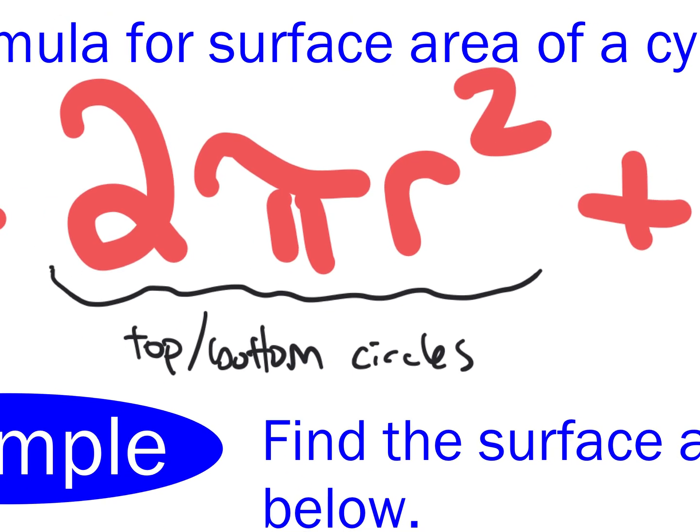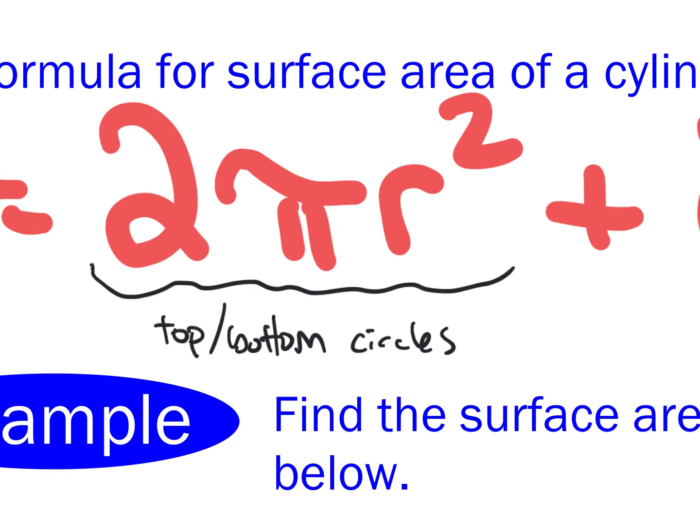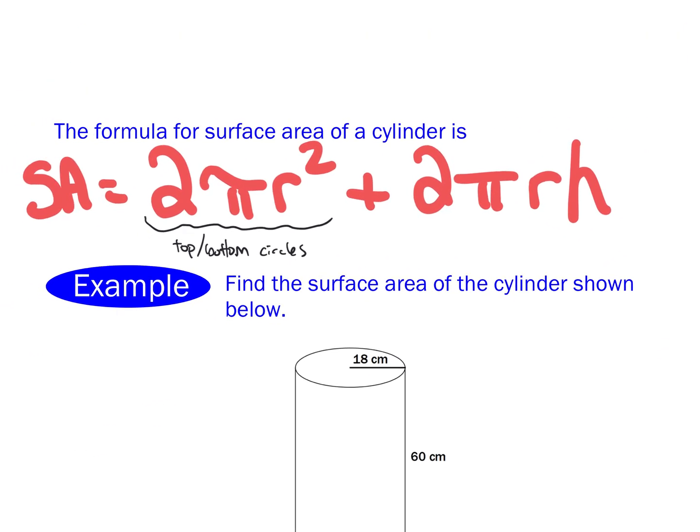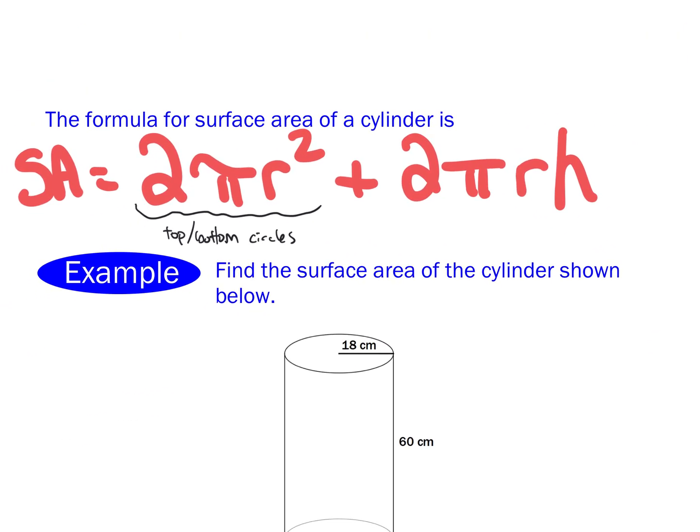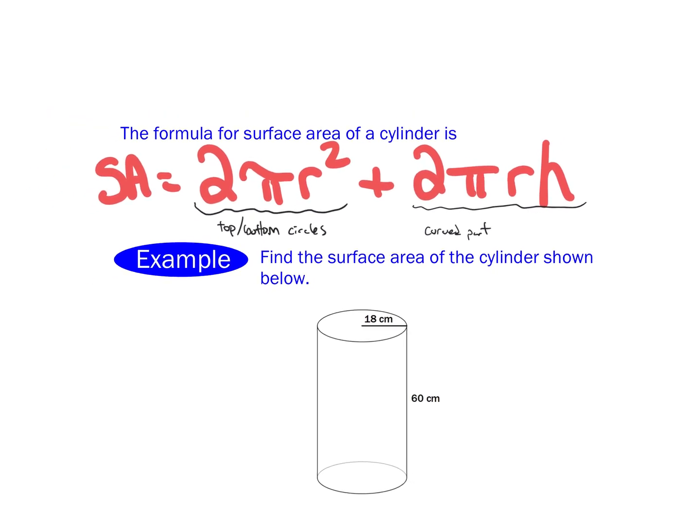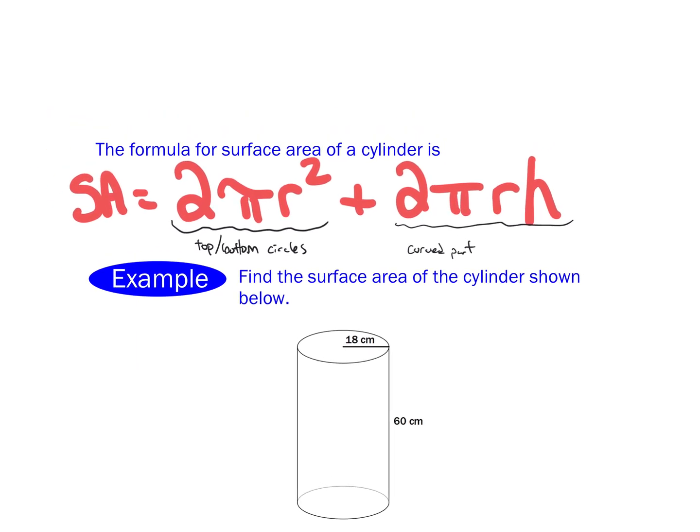That's the top and the bottom circles is the 2 pi r squared part. The 2 pi r h part, well, that has to do with the curved part of the cylinder. Okay? So that's the formula for surface area of a cylinder.